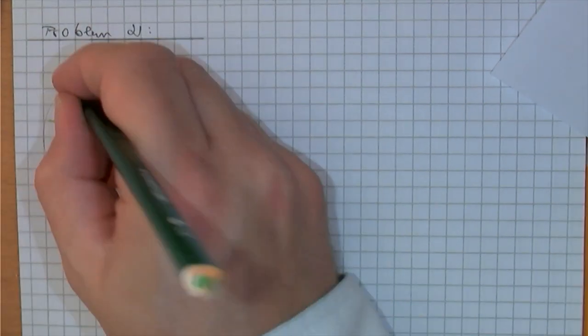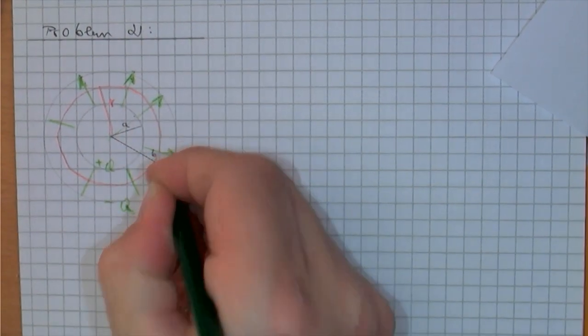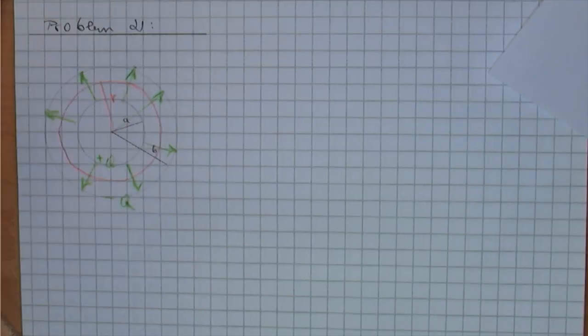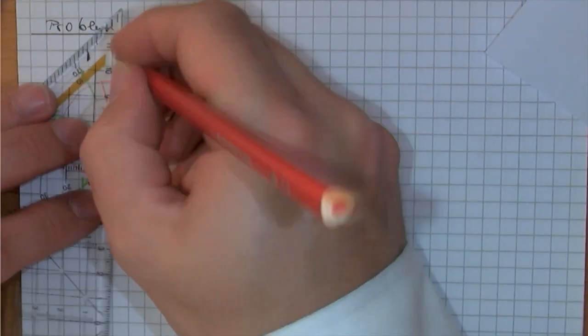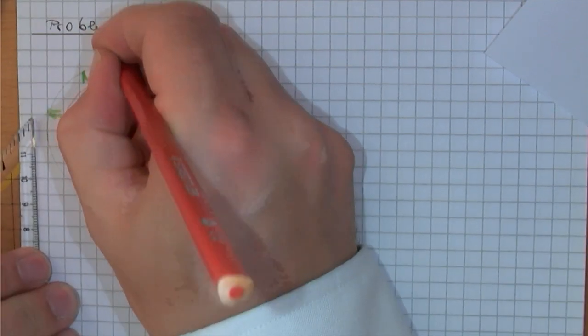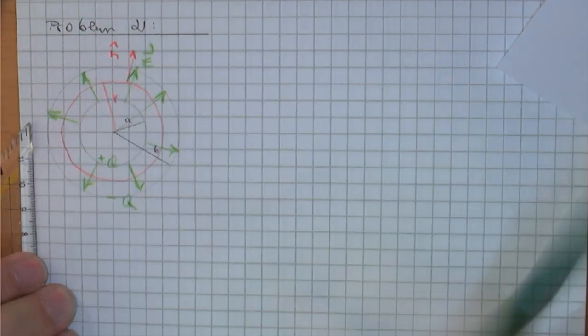I think it should be clear. So that's the electric field. And then we have here normal vectors on that sphere. So this is n here, and this is the electric field vector.